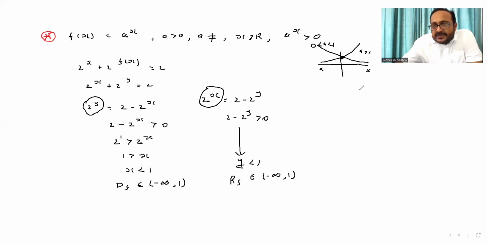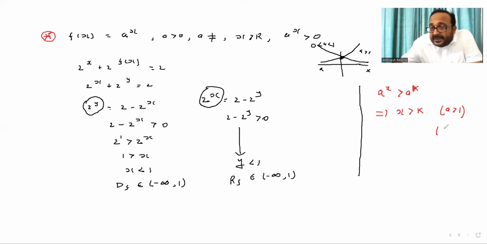Right? In exponent inequalities, you must remember: if a to the power x or y is greater than a to the power k, where k is any real number, then x will also be greater than k, but the condition must be there, a greater than 1.